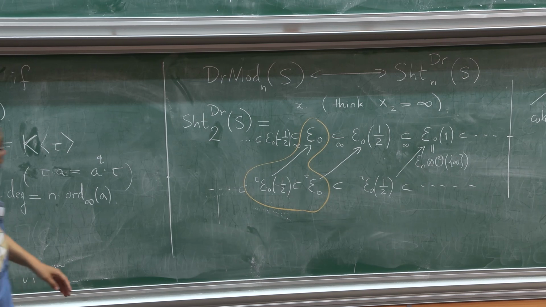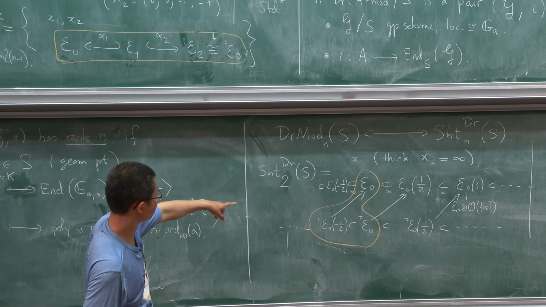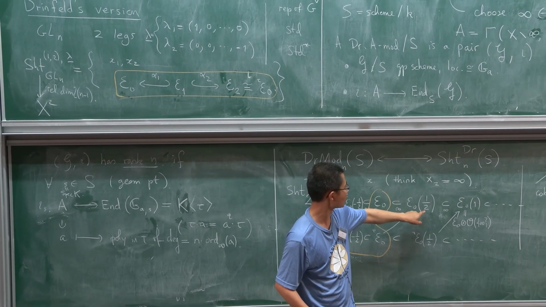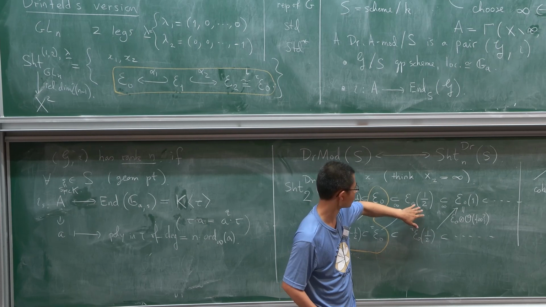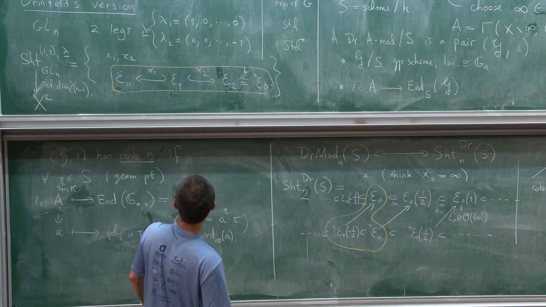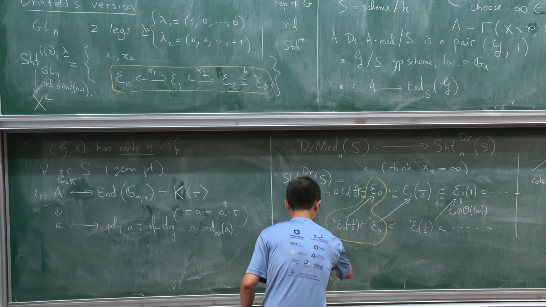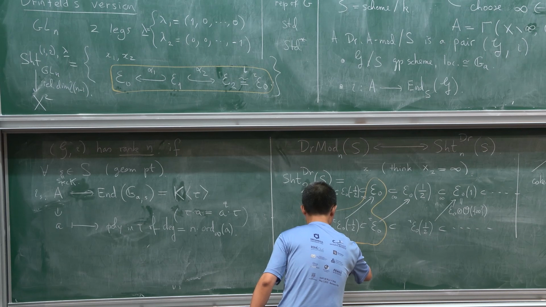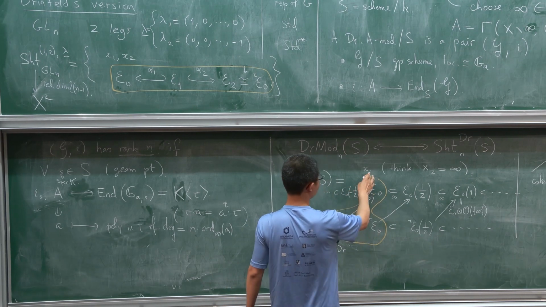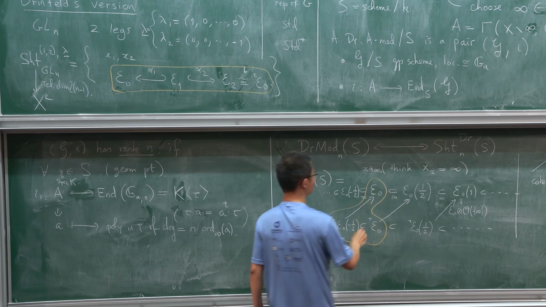Okay. In fact, this looks like there's some extra data here. In fact, there's no choice for it. It's determined by the rest of the data. So this Shtuka dr, I also need to impose that this x is disjoint from infinity.